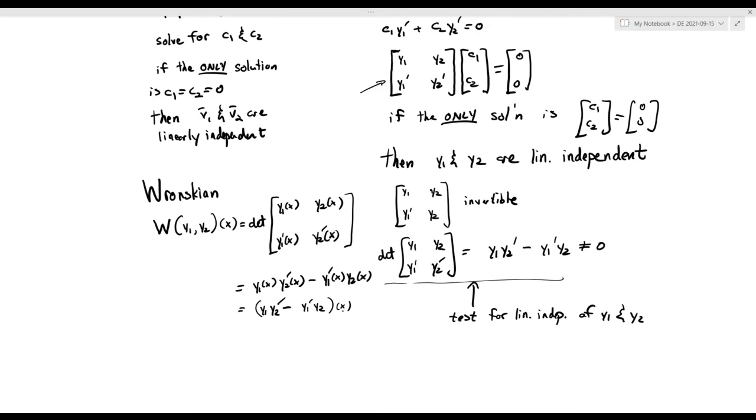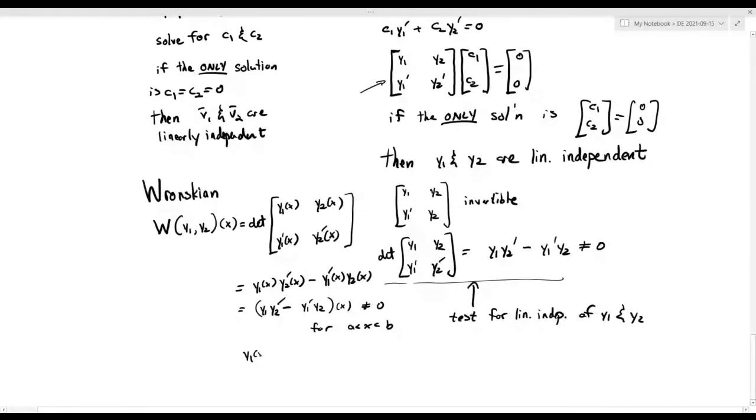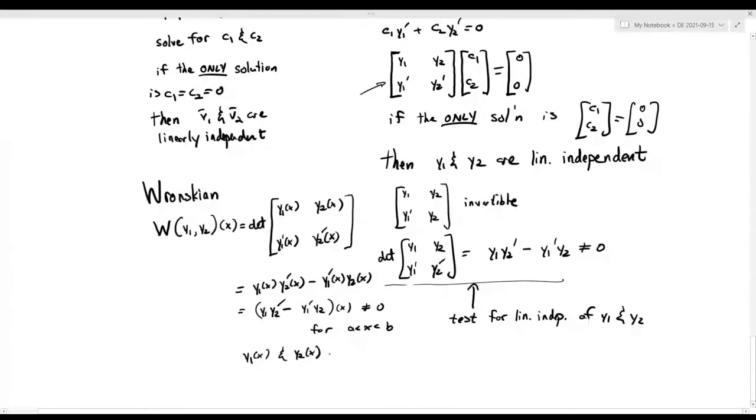Okay. So if this Wronskian is non-zero on some interval, then we say that y1 and y2 are independent, linearly independent.